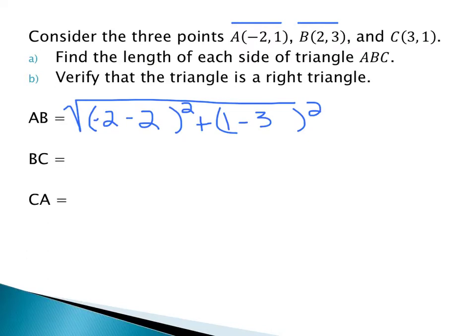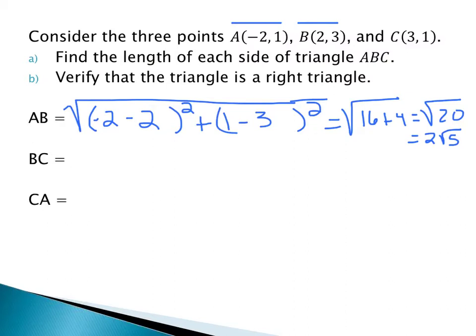That gives us the square root of, so that all belongs underneath of there. -2 minus 2 is -4. -4 squared is 16. 1 minus 3 is -2. -2 squared is 4, plus 4. So that's the square root of 20. Remember, that can be simplified because 20 is 4 times 5, and root 4 is just 2, so we have 2 root 5.